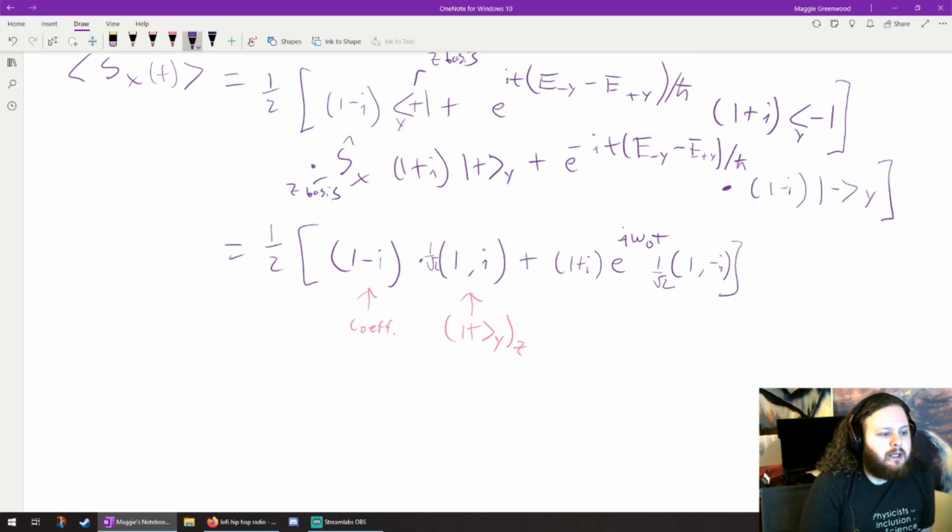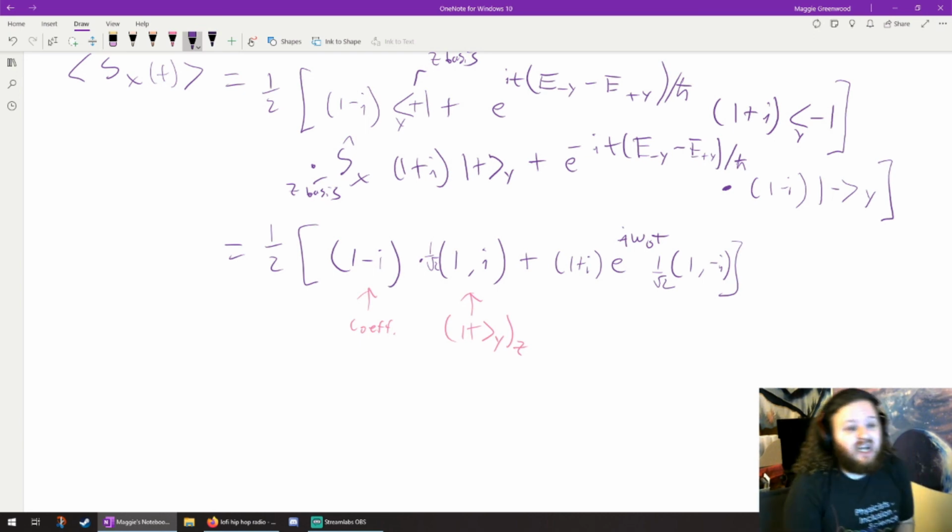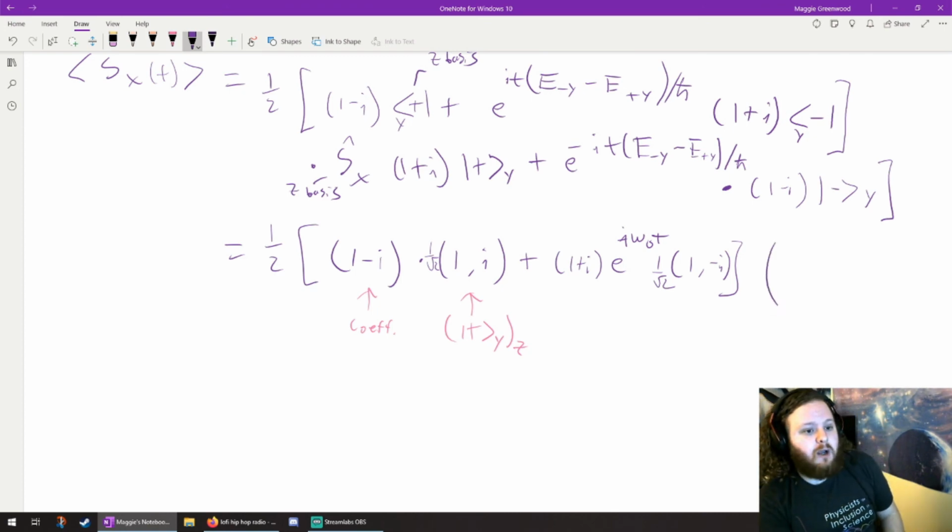And now what I'm going to have on the next line is Sx acting on these things. I have to write these things again as vector columns, and I'm going to write the operator Sx in its matrix form, which in the z basis looks like 0, h bar over 2, h bar over 2, 0.